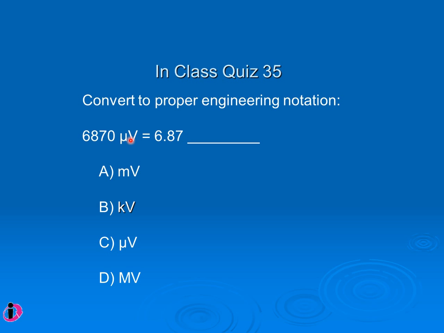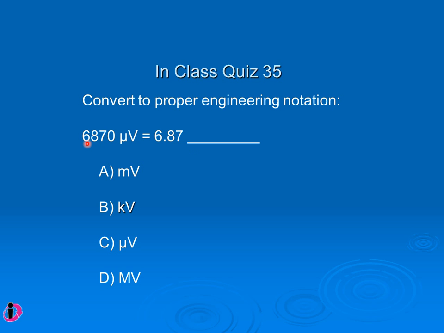Let's check another example. 6870 microvolt. You are writing 6.87.